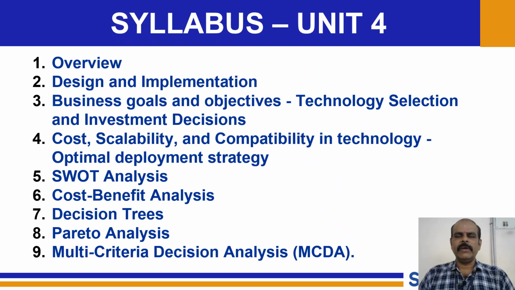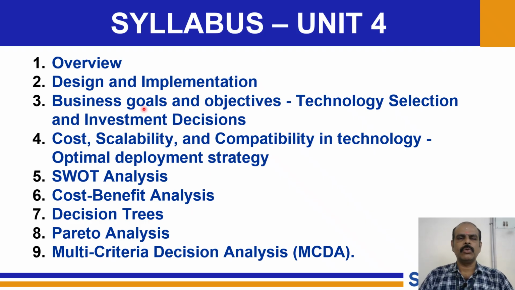So basically Unit 4 discusses a lot about decision making. The unit was bifurcated into two halves. In the first half we discussed the reasons, need and necessity of decision making, how the process works, and what the different steps are. How to design and develop a decision making support system was also covered.